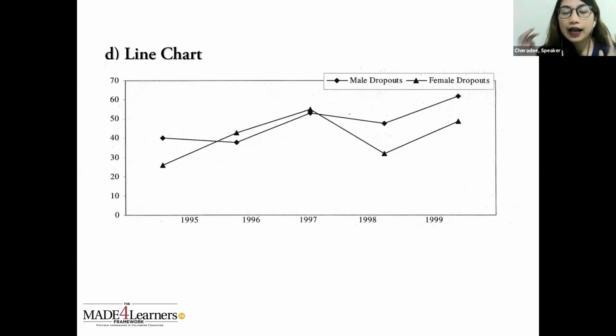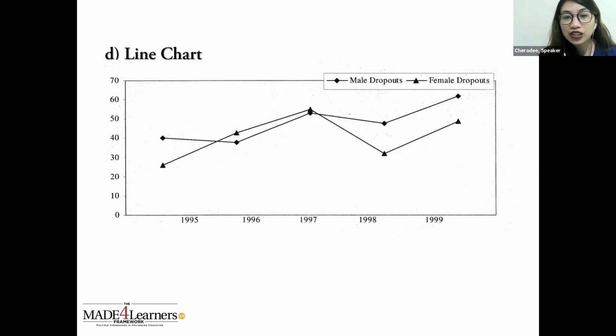So again, guys, a line chart is only used if you are going to determine the highs and lows of data with regards to time. All right? So a line chart is only used if the x-axis is in time.